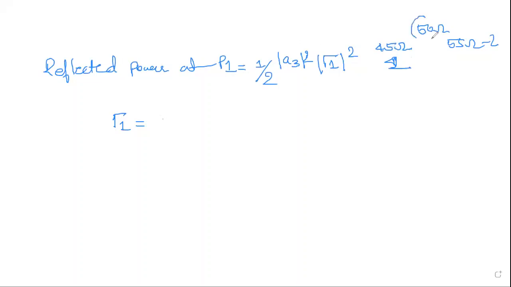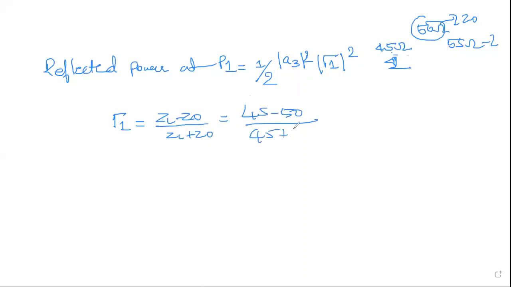Port 3, 50 is given. This will act as your characteristic impedance. This will be the load impedance for port 1. This is the load impedance for port 2. So since we are considering port 1, the formula is ZL minus Z0 by ZL plus Z0, this will be 45 minus 50 divided by 45 plus 50. Tell me what is the answer?